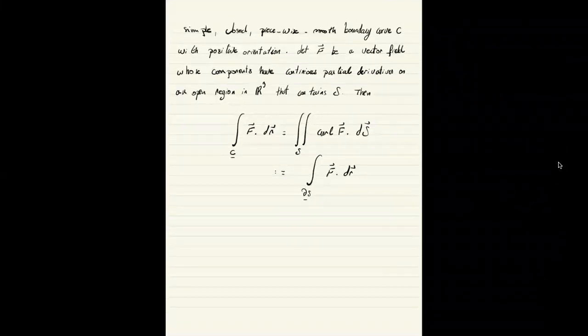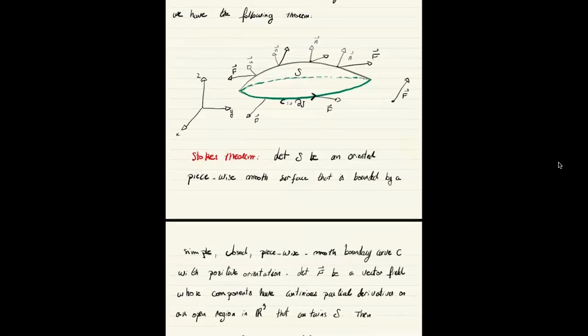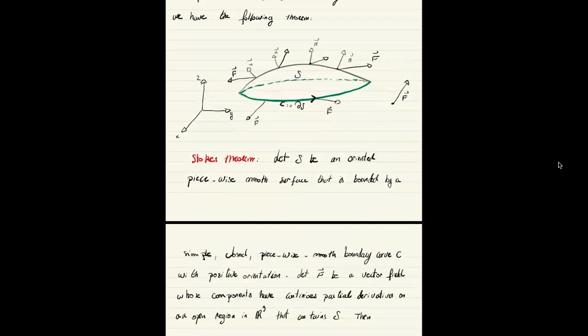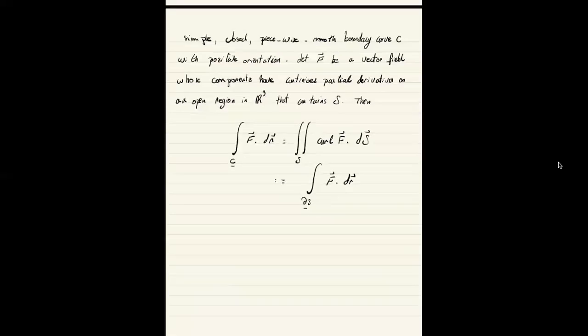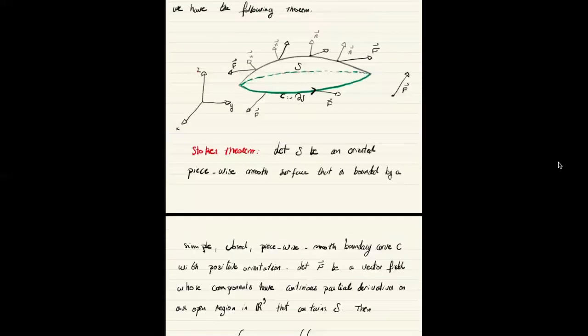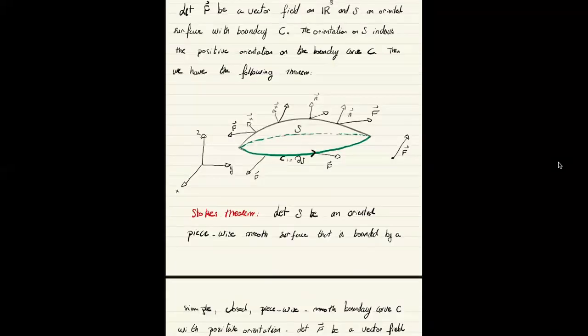So it means that if you want to do the line integral of F along the curve C, instead of that, you can do the surface integral of the curl of F on the surface S, right?